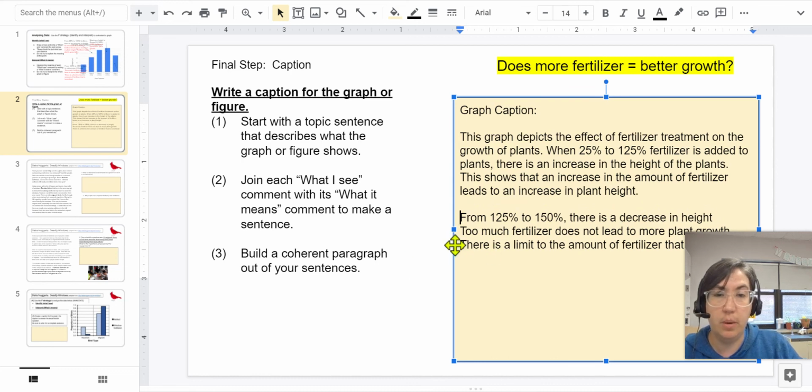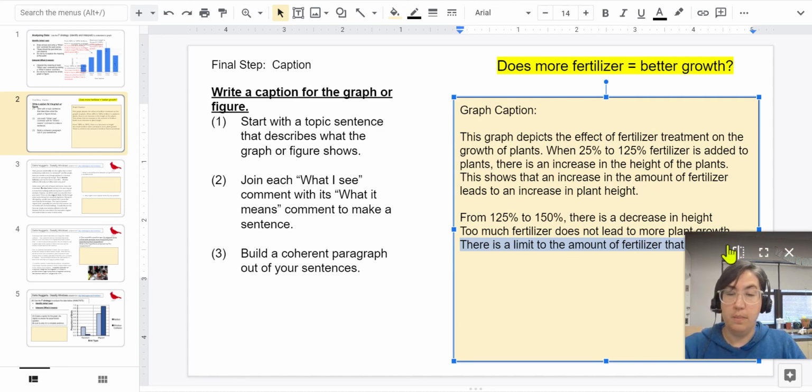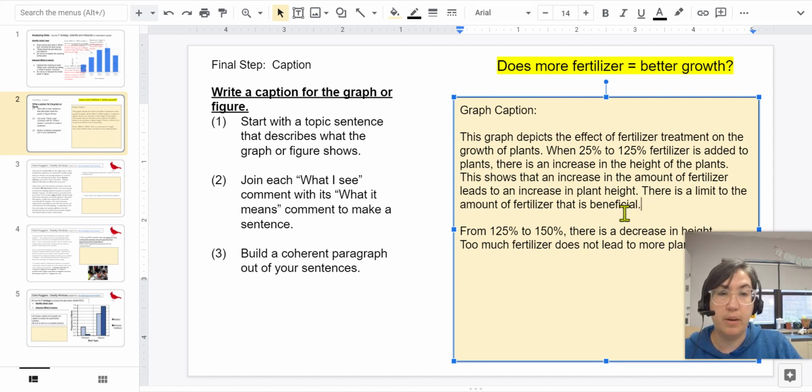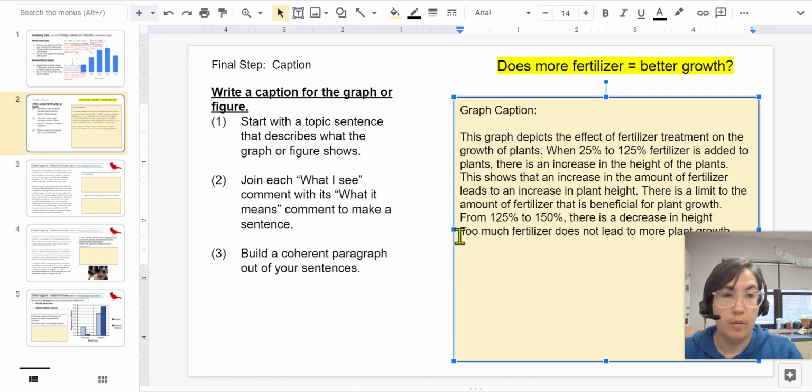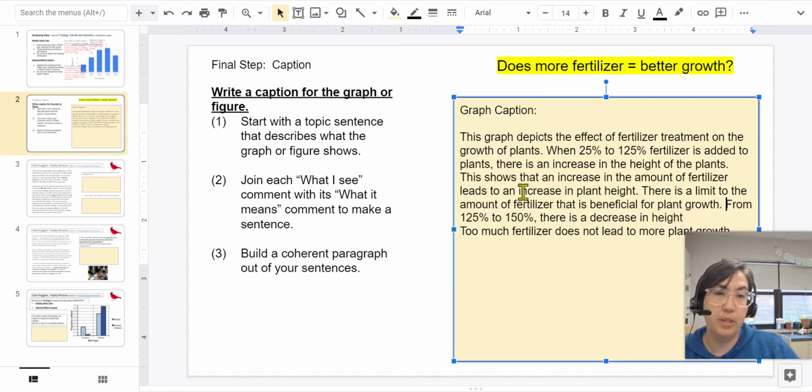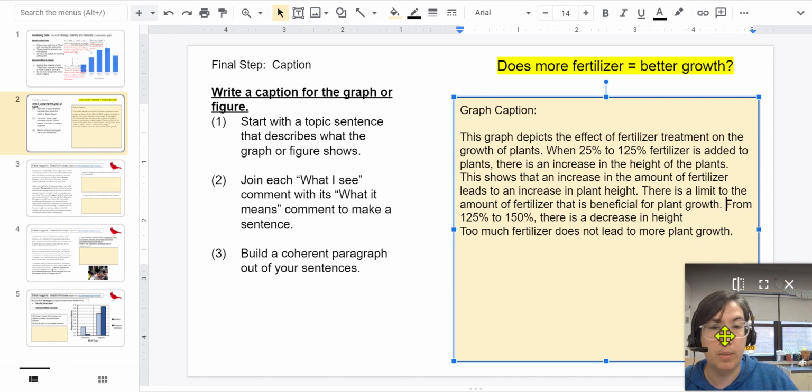All right, so I think saying that there is a limit is another good way to go here. There is a limit to the amount of fertilizer that is beneficial for plant growth. From 125% to 150%, there's a decrease in plant height.